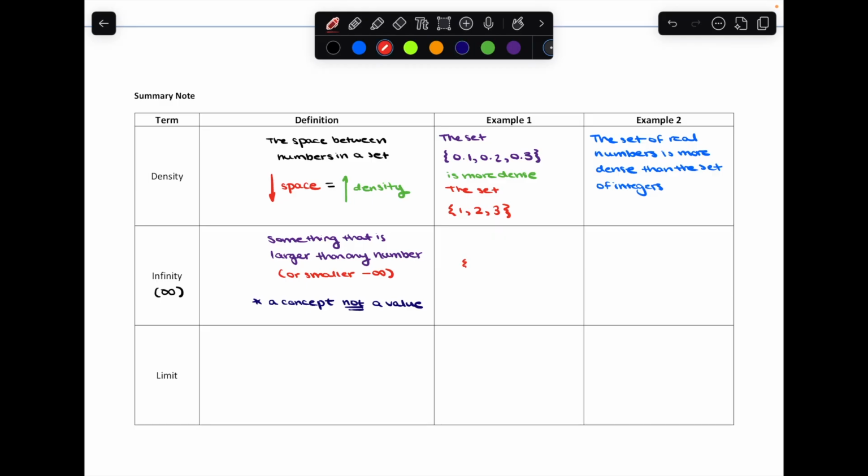So here, if we have a set from like 1 to 2, and assuming that these values are elements of the real numbers, we can say that there are infinite numbers of values in this set.